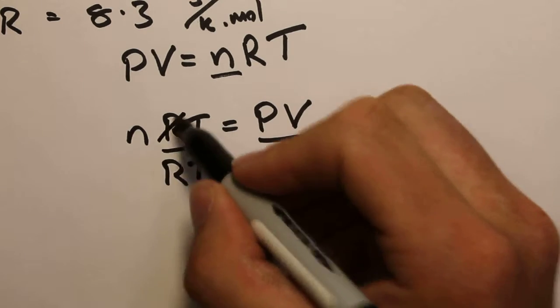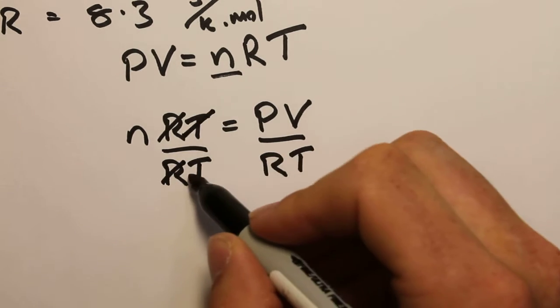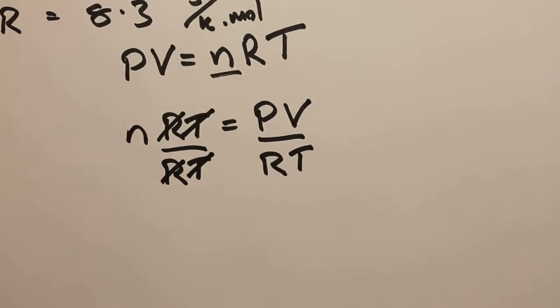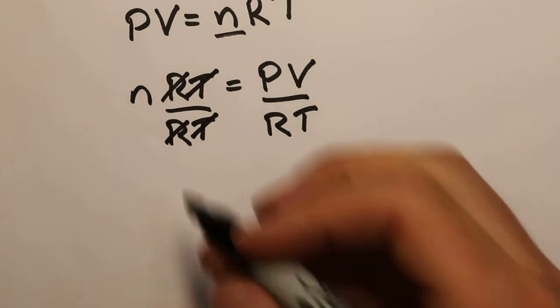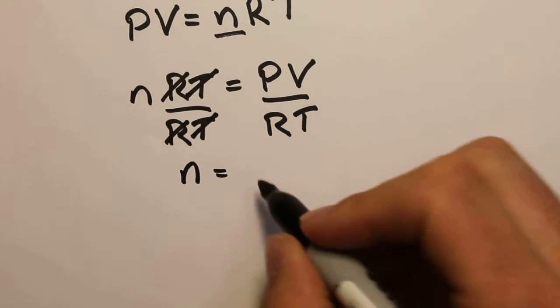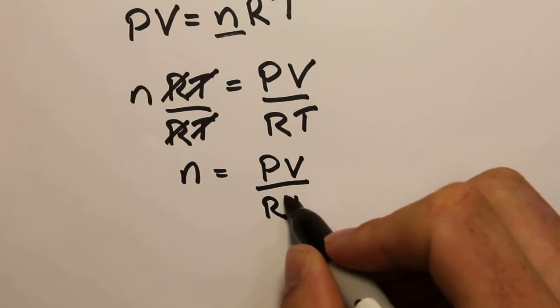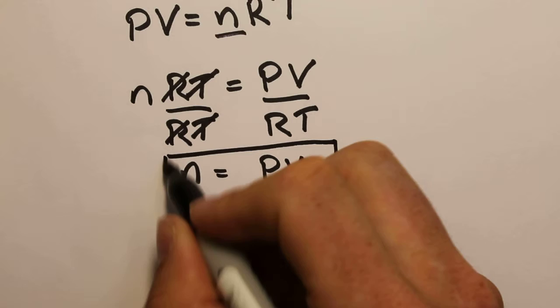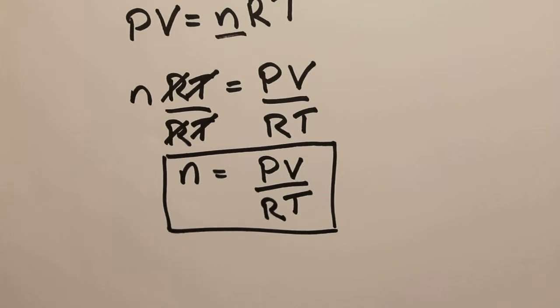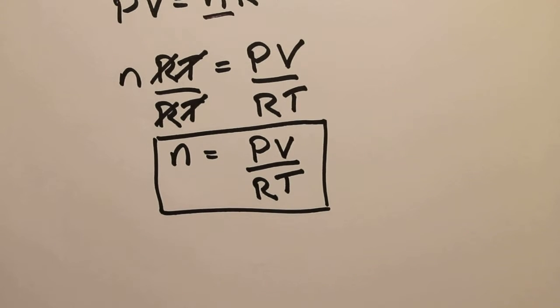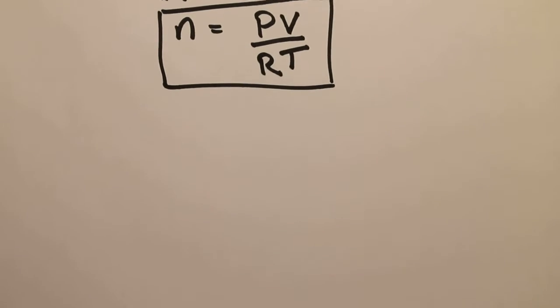And we can see that our R is going to cancel and our T is going to cancel, and we're going to be left with n is equal to PV over RT. So now we're ready to put in our values and solve this equation.